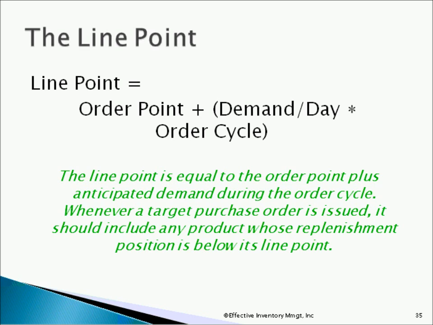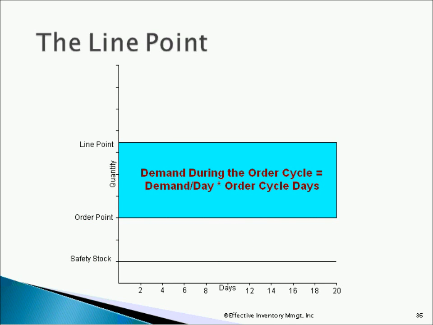The line point is equal to the order point plus anticipated demand during the order cycle. Now, I say on the screen something that's very interesting. When you're placing an order with the vendor, you not only want to include any item that is beneath its order point, but you also want to include any item that is below its line point.